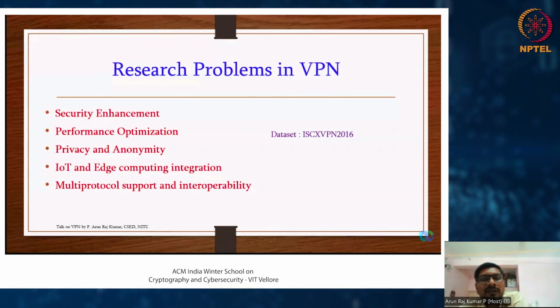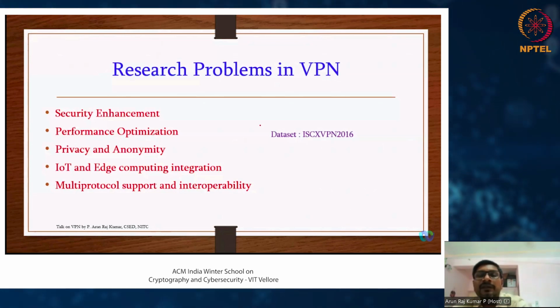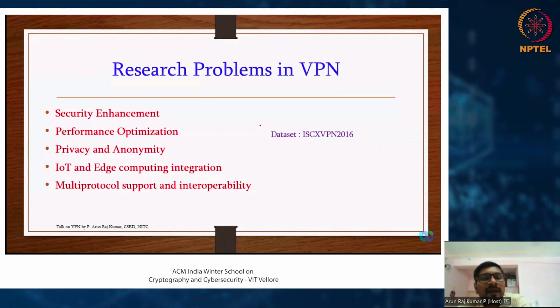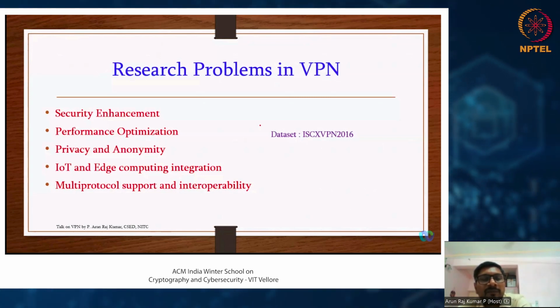These are the recent research issues that have been focused on in VPN, like how to enhance the security of the VPN, because even though VPN has standard algorithms, there are still some vulnerabilities existing. So how to enhance the security in VPN software, and performance optimization.